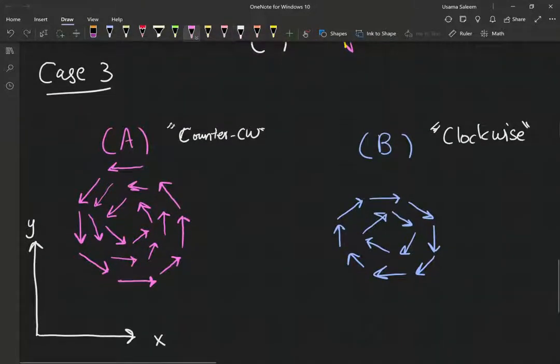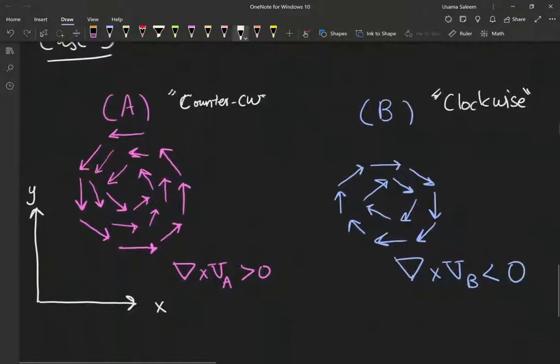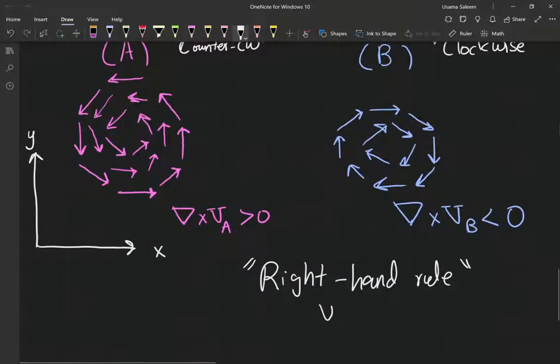And therefore A is going to have a positive curl, whereas B is going to have a negative curl. And how am I arriving at that conclusion? I'm using the right hand rule for vectors. And I'll try to link that in the description as well.